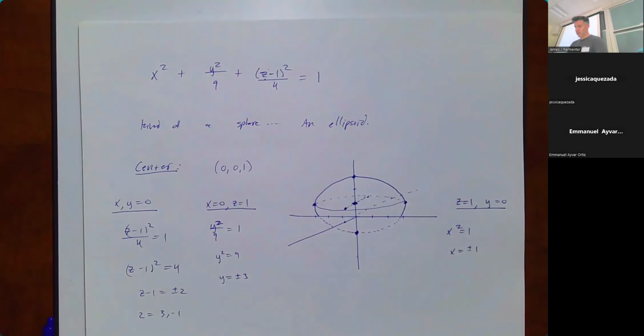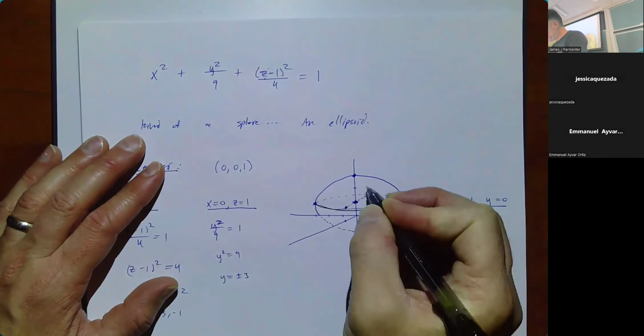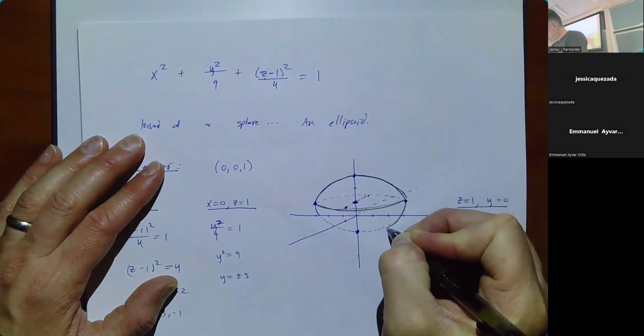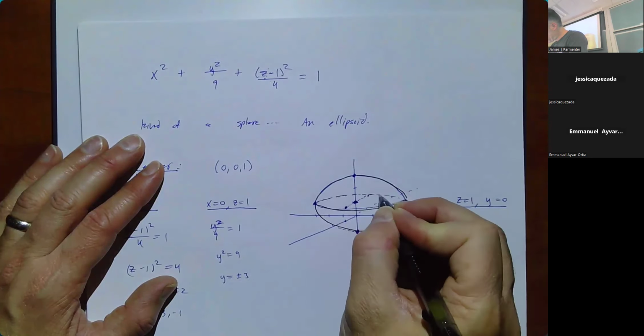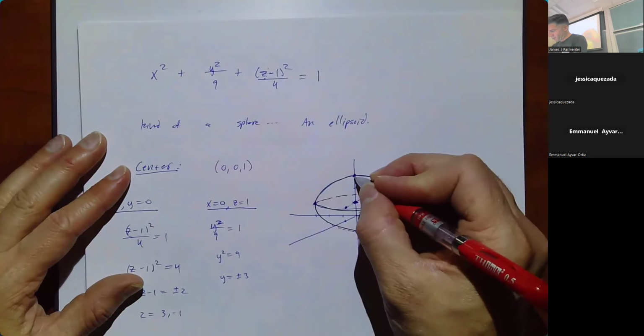So here's our ellipsoid. And the one I haven't drawn yet, which I'm about to, is this one right here.